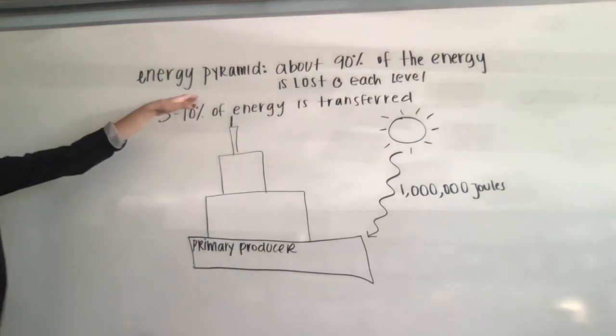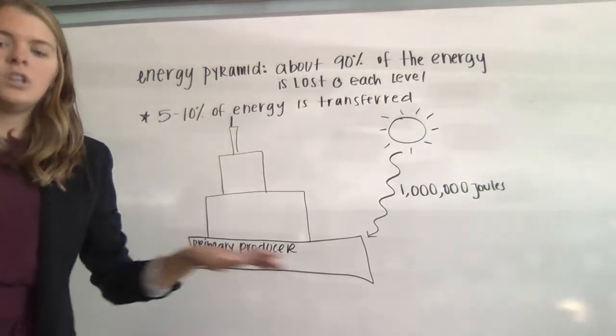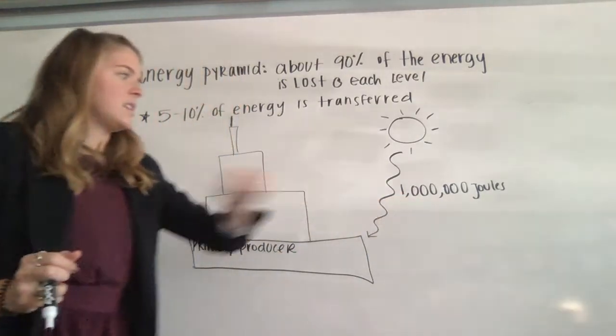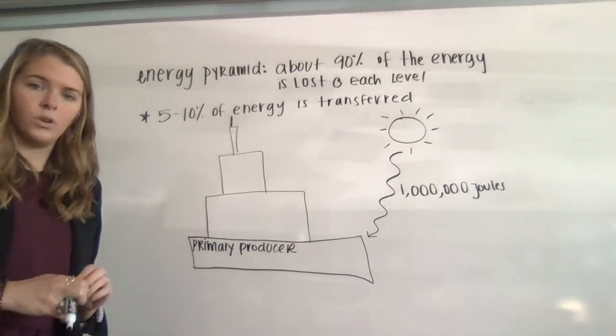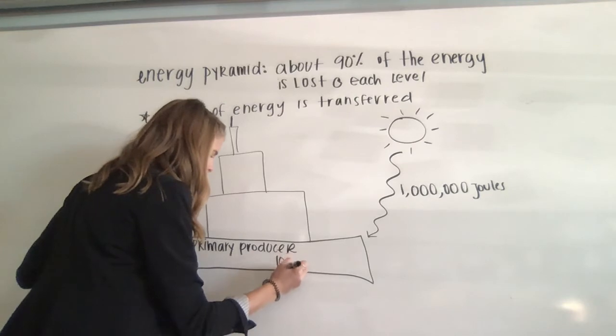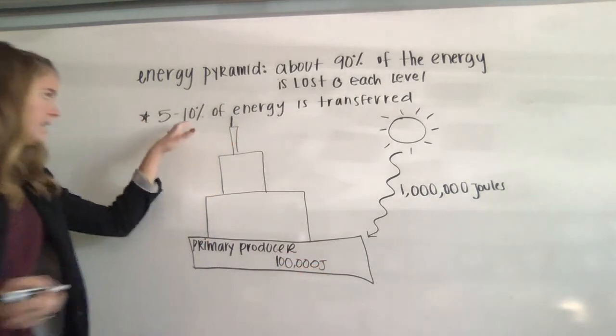However, according to our rule of energy pyramid, 90% of that energy is going to be lost. So 90% of 1 million is 900,000 joules. So the primary producers are only getting 100,000 joules of energy. They're getting that 10%.